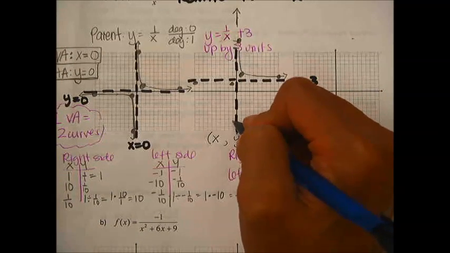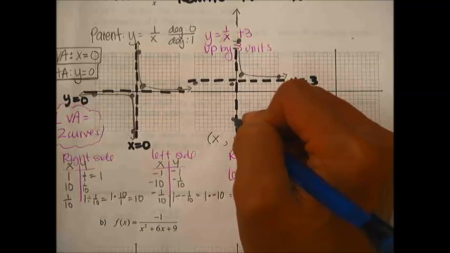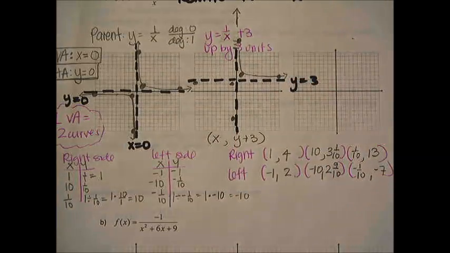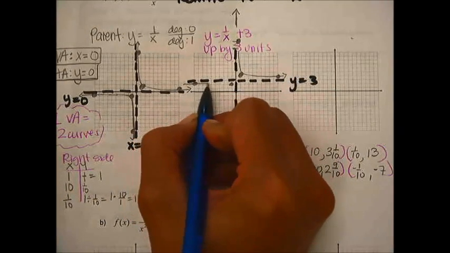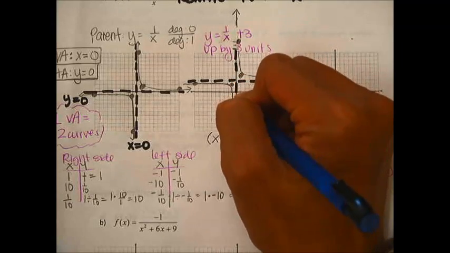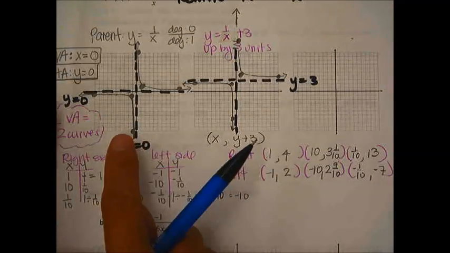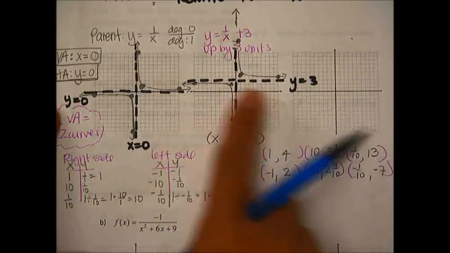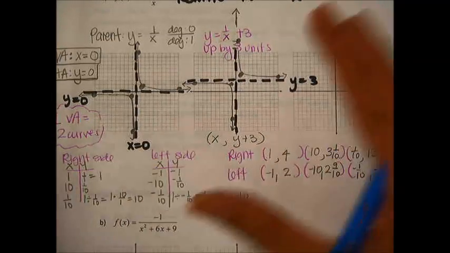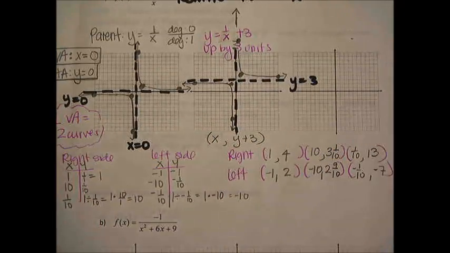I know this is a 10 by 10, so if I count backwards by 3, I should be okay. So this is the other curve, this is the left side. Notice how the way that it looks from the parent should be very similar. It's just moving, stretching, compressing.